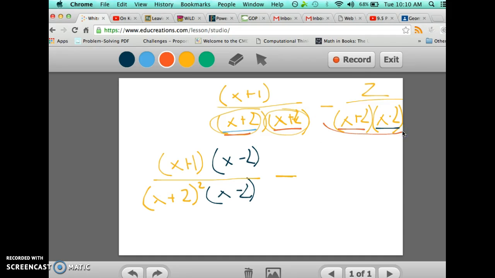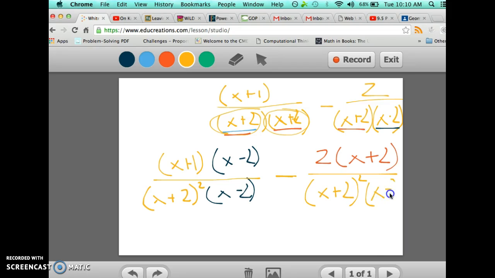I only have one x plus 2 on this one, so I need to multiply by x plus 2 over here. So I'm going to say 2 times x plus 2. And then that way my x plus 2 down here can be squared because I multiplied by x plus 2, both top and bottom. And then I started with x minus 2 already there.